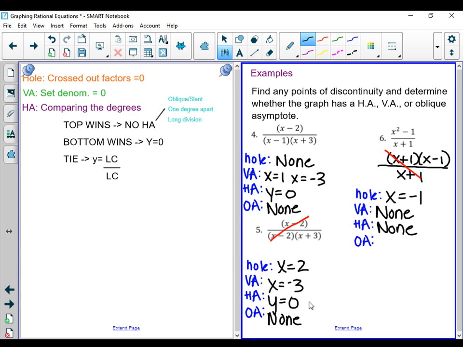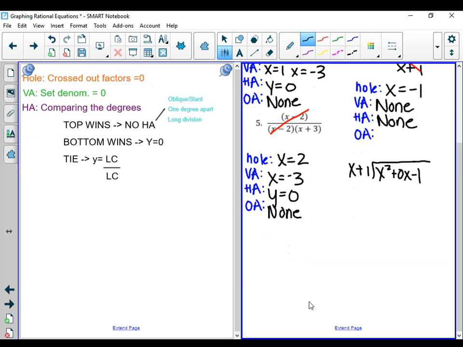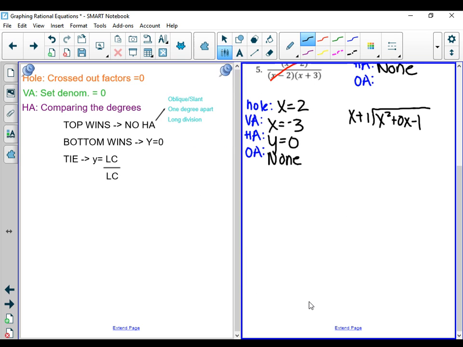In this particular problem, it doesn't work out every time, but in this problem they've actually given you the answer, because if we divide these out, it's right there. But if we didn't, and in some cases it's not going to work, you're going to have to do long division. So if I take x plus 1 and go into x squared minus 1, let me extend my page so y'all can see it.